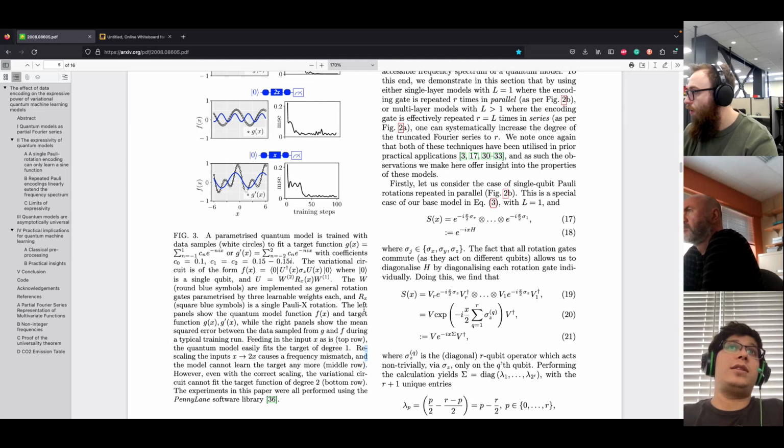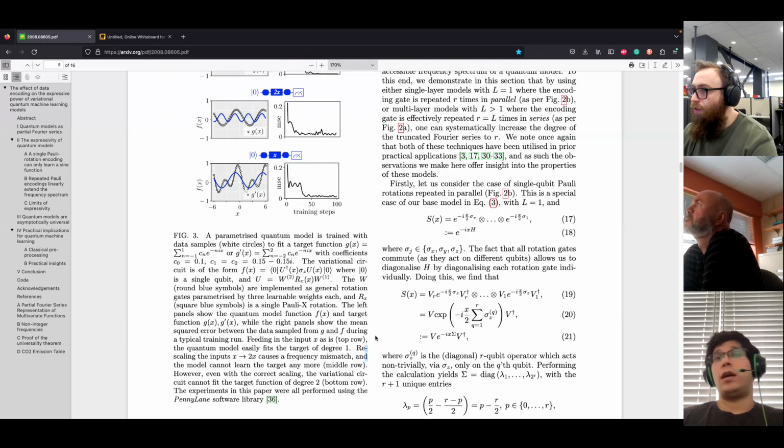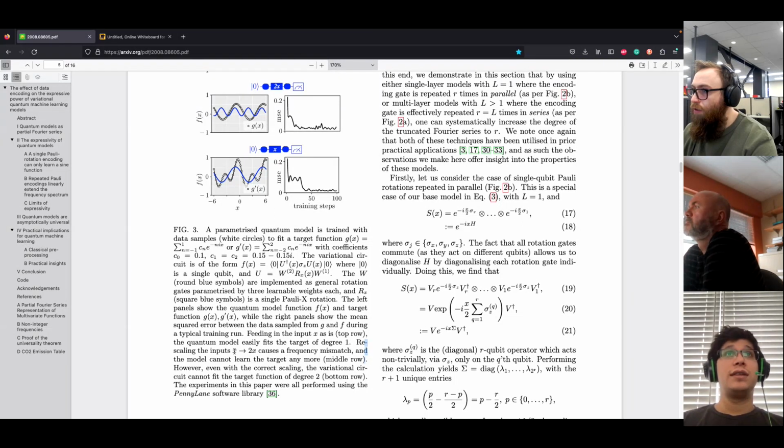This is just something that you do actually in machine learning. What you try to do is you normalize the data. What that means is you subtract the mean, and then you divide by the standard deviation. So you have data of mean 0 and standard deviation 1. And this is, again, something usual that people do in machine learning. What they're trying to do here is compare with respect to the scale of the data.